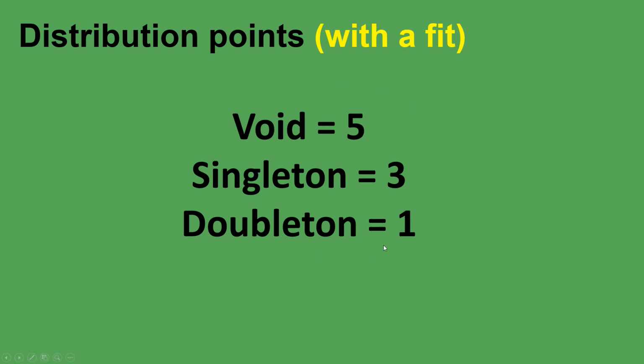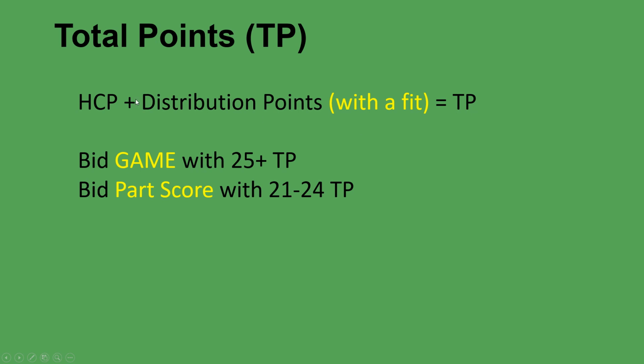These distribution points only apply when you have a fit with partner, and that means you're going to have a trump contract. If you don't have a fit with partner, you'll play in no trumps and you don't get distribution points.